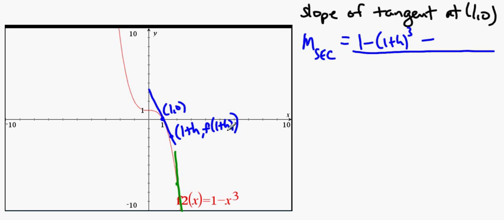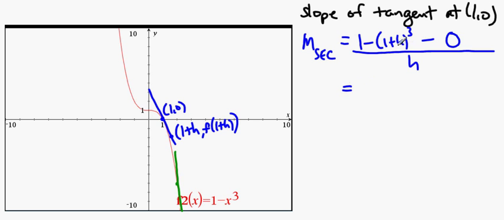f of 1 plus h minus f of 1 divided by the change in x. Well, 1 plus h minus 1, well, that's h. So then all I have to do is know a little bit about the binomial expansion theorem or do a whole lot of expanding the brackets.